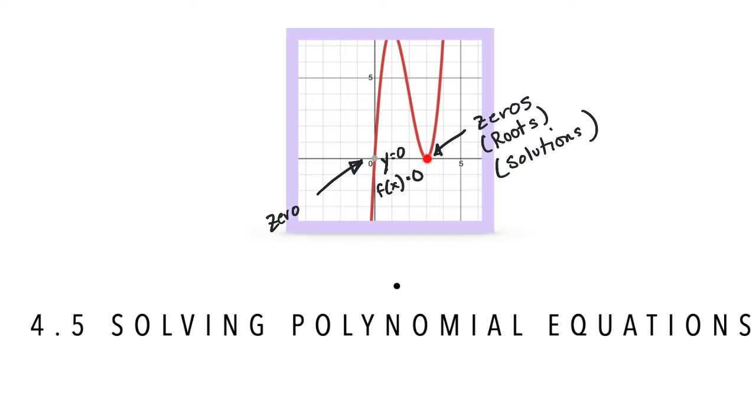What's the x value? That's the answer we're looking for. 1, 2, 3. So when x is 3, the y value is 0. So our answer would be 3. This actually has what we call multiplicity of 2 because it hits it on the way down, and then we consider it a touch again on the way up.